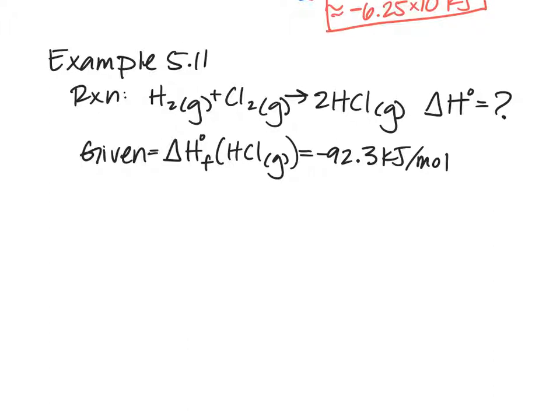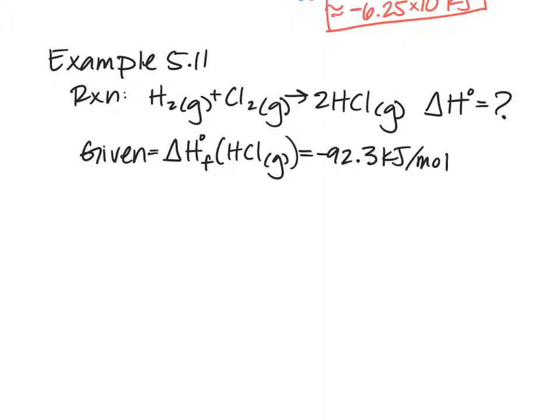Now, the information that's given in this problem, if you read example 5.11 at the Check Your Learning section, it tells you the reaction, and then at the very end it says the standard enthalpy of formation of hydrogen chloride gas is negative 92.3 kilojoules per mole.